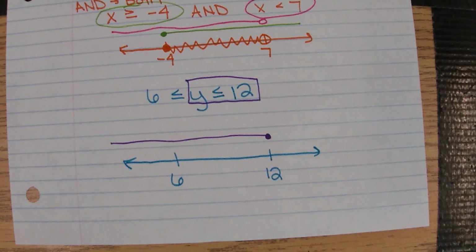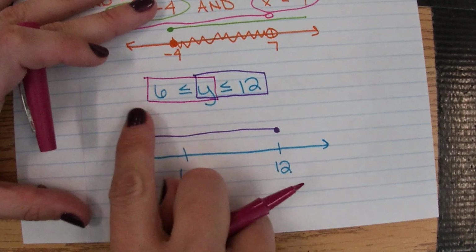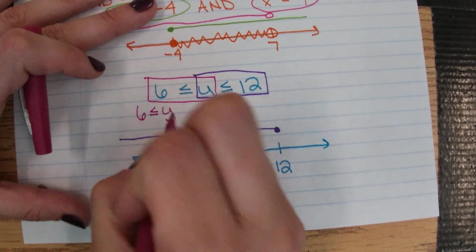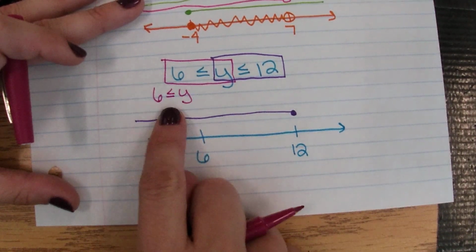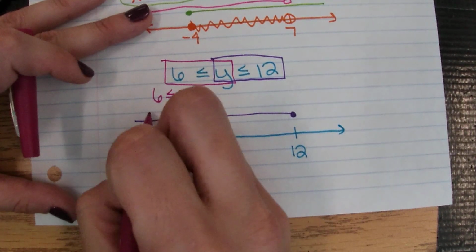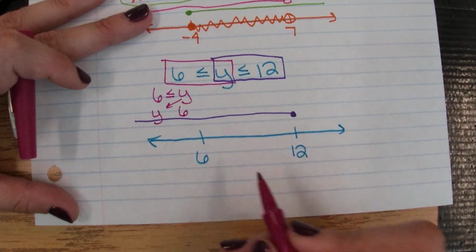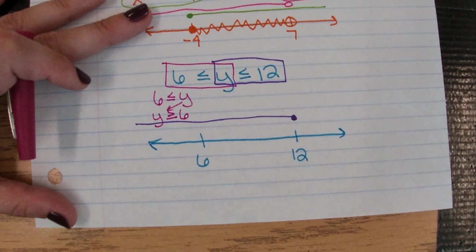The other half is a bit more sneaky, right? This half right here. This half says 6 is less than or equal to y. And remember, our graphing rules say that we cannot graph unless that variable is first. So if I rewrite that with the variable first, that is a reason to flip the inequality sign.